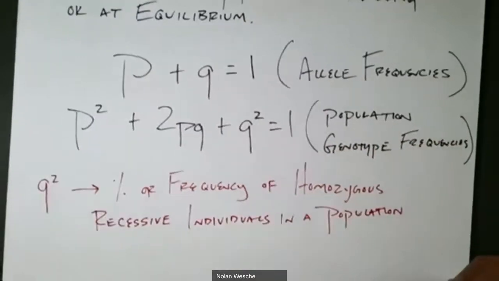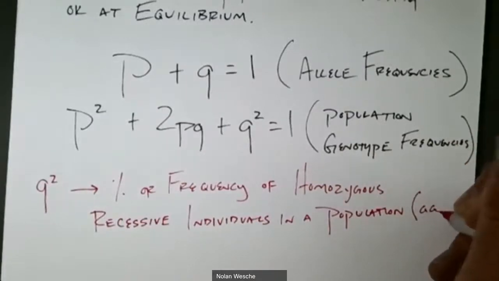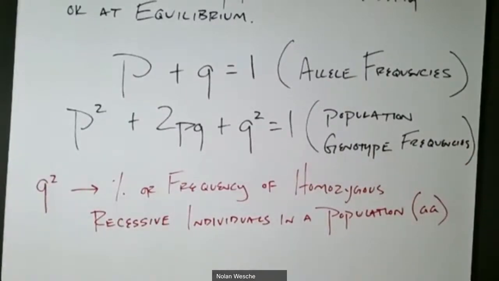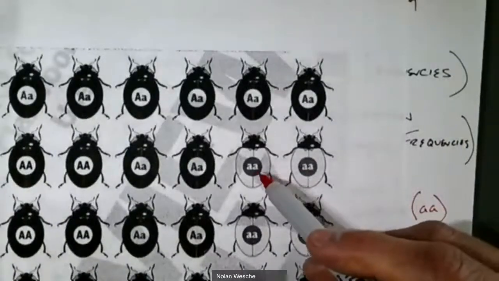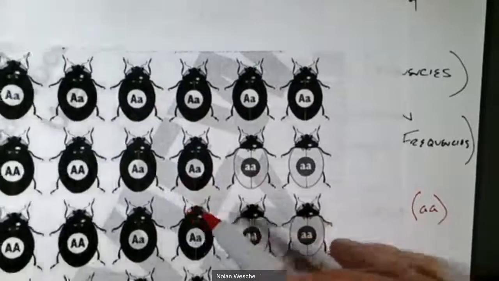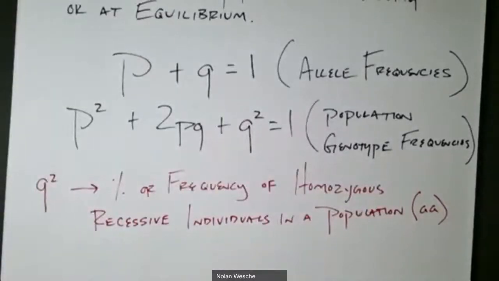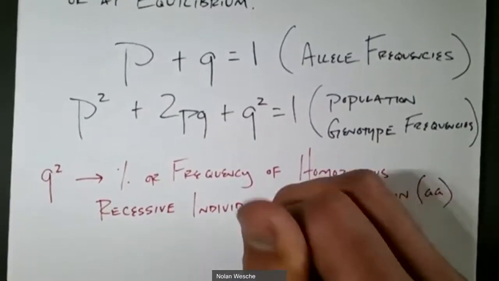And in our population of beetles here, it's going to be the individuals that have both little a's. Again, to be this light-colored beetle, you have to have both recessive alleles. Otherwise, you would have the dark shell. So in our beetles, we'll just track this beetle example through.